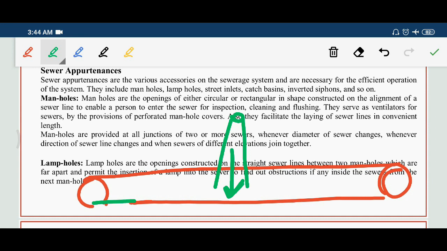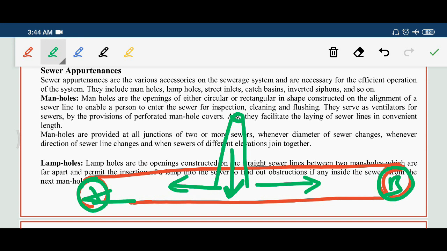Whenever light enters from the lamp hole, it should light the sewer from this manhole to this manhole. Let us say this is A and B, it should be visible, so that they can ensure that the sewer is clean, without any silt, without any suspended matter.